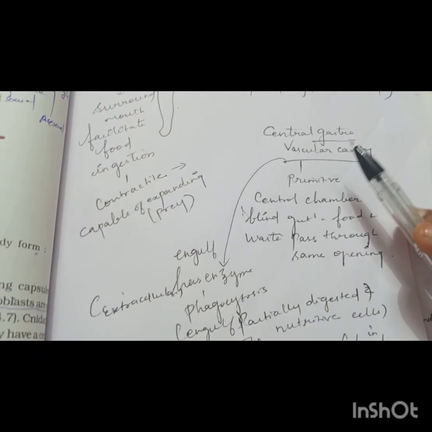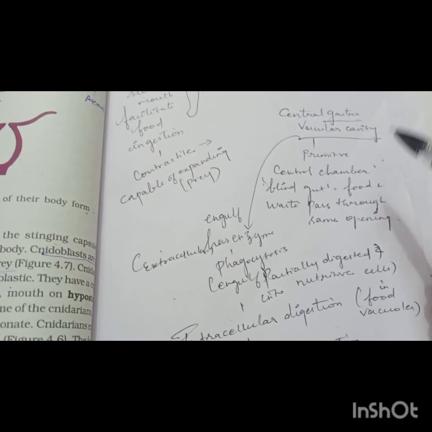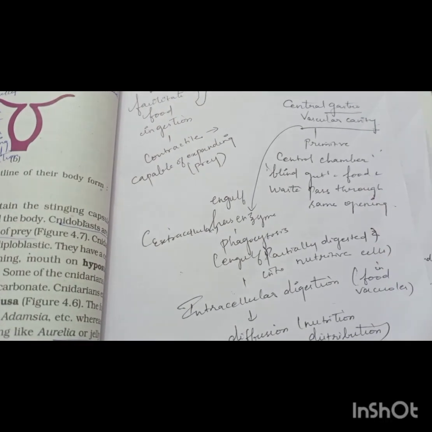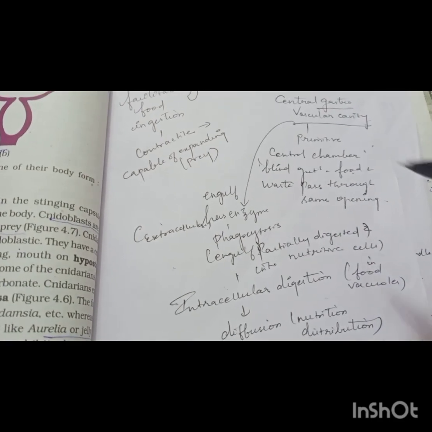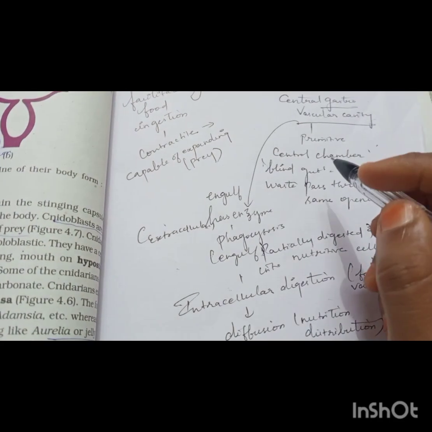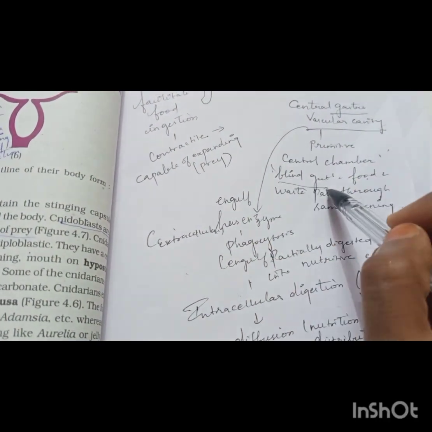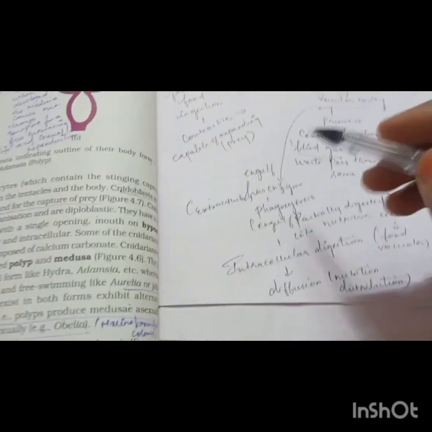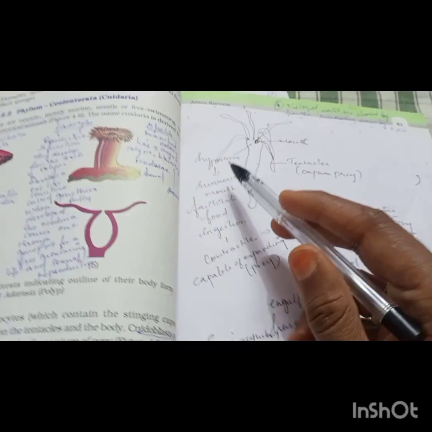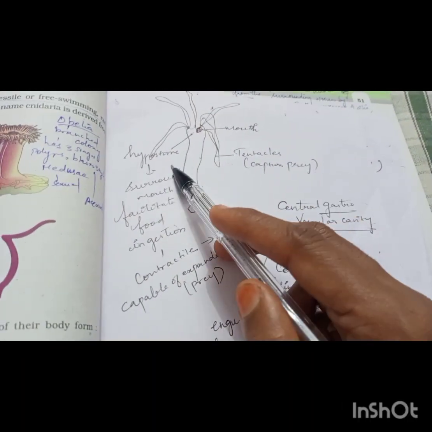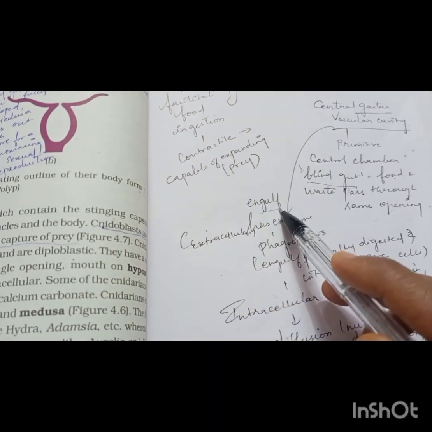And the central gastrovascular cavity is actually a primitive form of digestive system in which the food and the waste pass through and out of the body by the same opening, and it has a central chamber which is known as blind gut. So inside this happens the extracellular and intracellular digestion. First of all, by the contraction and relaxation of this hypostome, the food enters the mouth, and that process is engulfing.